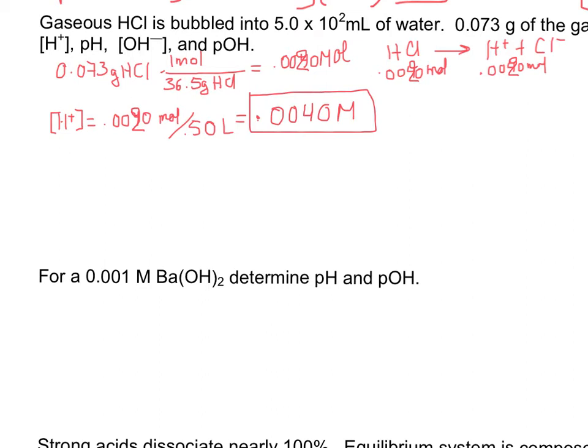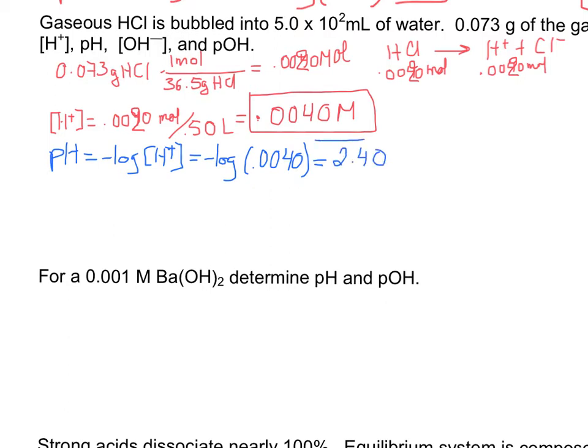All right, next I can find my pH. So my pH is equal to negative log of the H plus concentration. So that is equal to negative log of 0.0040. And so that is equal to 2.40.